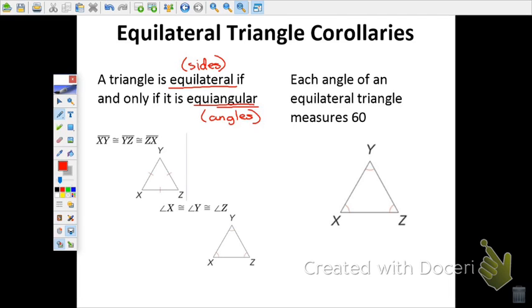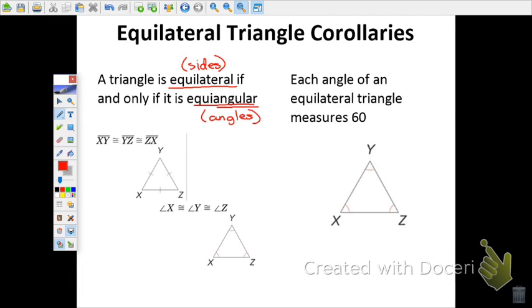So equilateral means the sides are congruent. Equiangular means the angles are congruent. Should we draw those? Yes, you should draw those. For this piece, you're drawing these pictures, set up just like your page in your book. Because again, it works both ways.